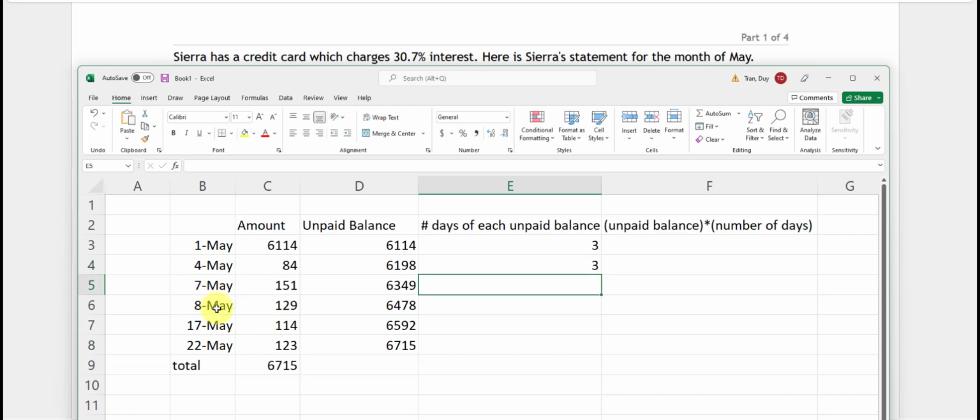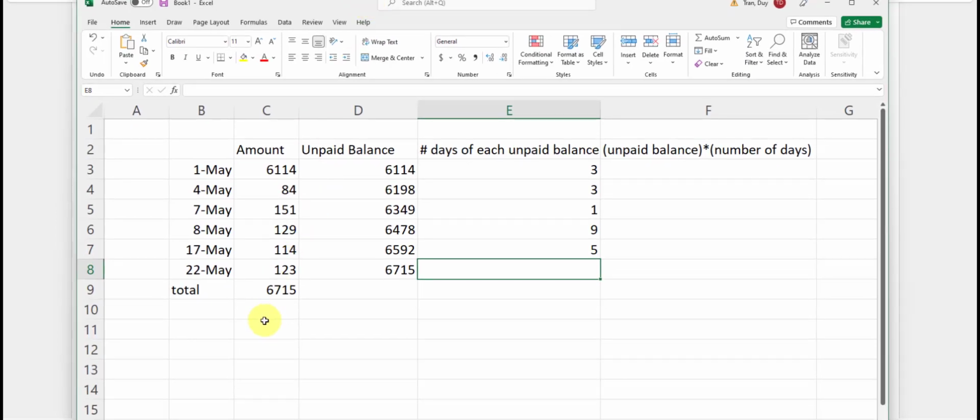From 7 to 8, just 1 day, 8 subtract 7 is 1. From 8 to 17, you take 17 subtract 8, that is 9 days. And from 17 to 22nd, you take 22 subtract 17, that is 5 days. And then the last one is from May 22nd to May 31st.